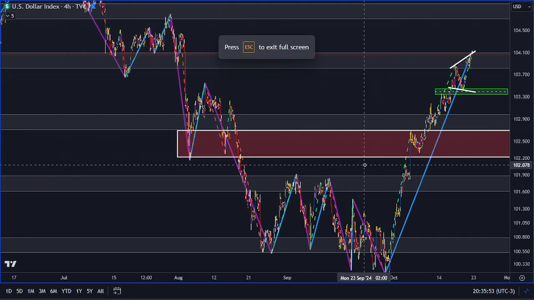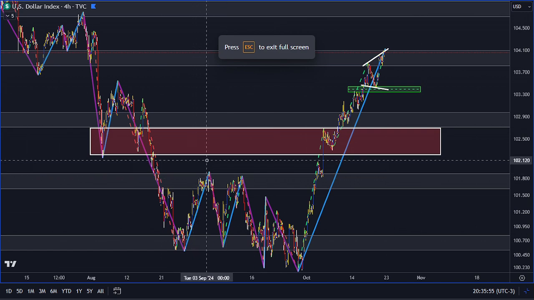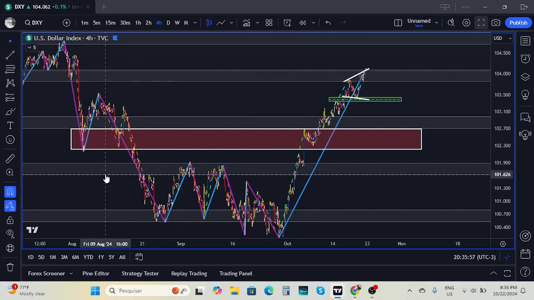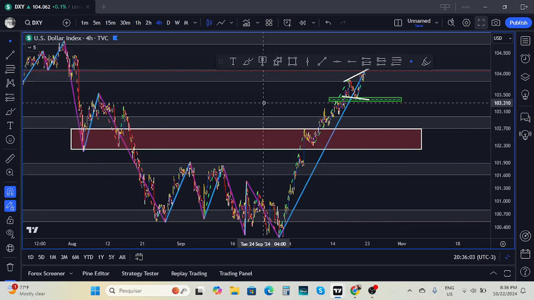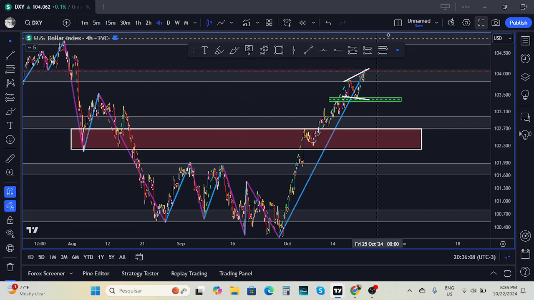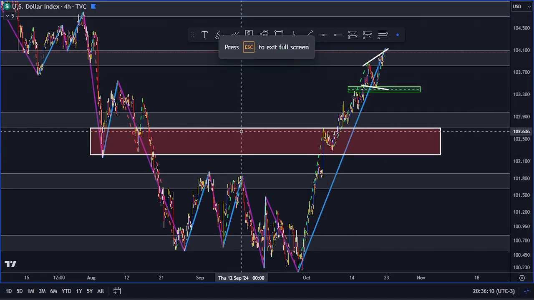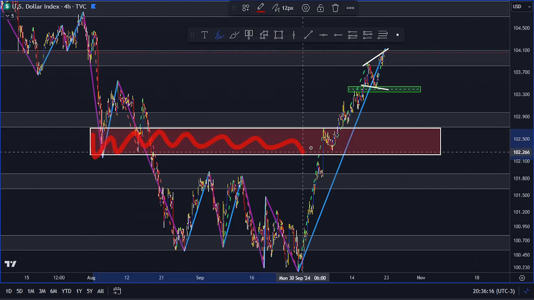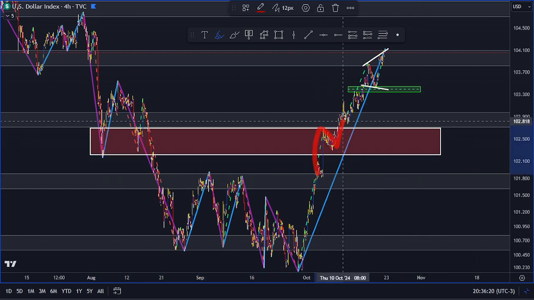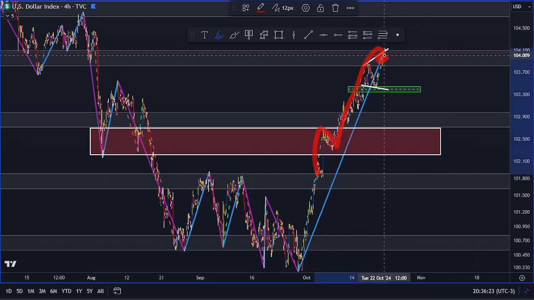Excuse me guys, let's do this. All right, so all the way back here, back in time, this was where the market passed a resistance area before it broke to the upside, and now we're right here.